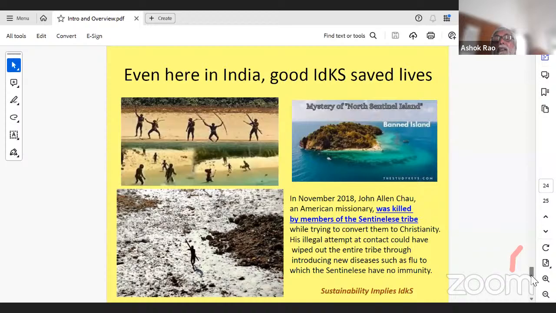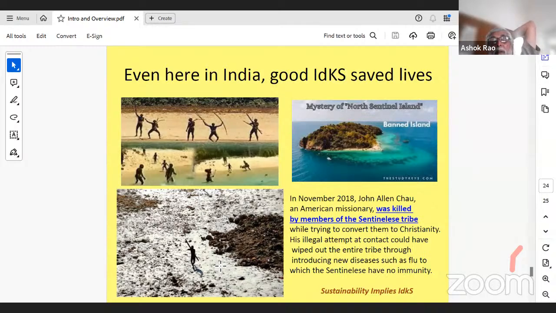Do we have that? Yes. Even in India we have. There are islands in the Andamans, particularly the North Sentinel Island. These are the tribals, okay? And you can see here, this tribal came to shoot an arrow at a helicopter, which was sent just after the tsunami.